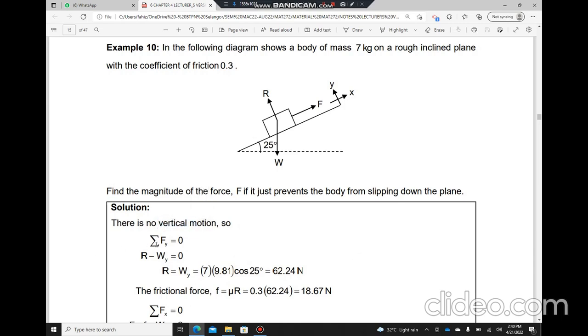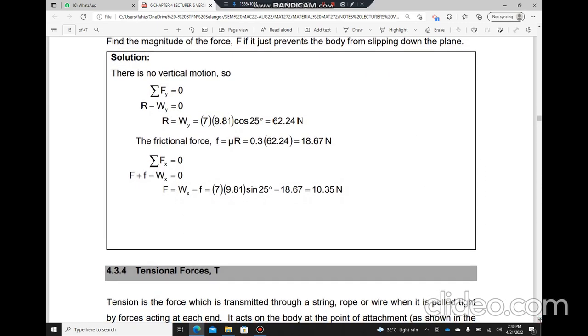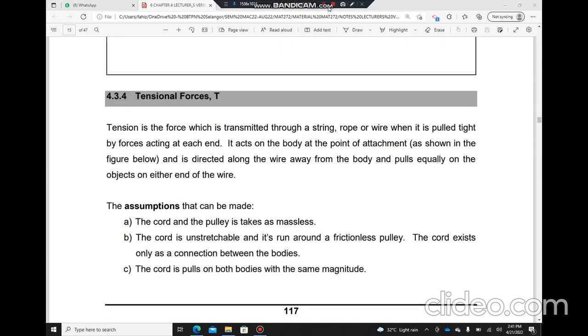So yang ni samalah, maknanya kita ambil dulu untuk jumlah Fy, and then kira nilai R. Bila dapat nilai R, dapat friction which is mu R. Okay, then this one for frictional force. So Fx pun sama, since kat sini dia tak ada A kan, dia tak bergerak. So you can use formula F plus F minus Wx. So you get force is equals to 10.35.